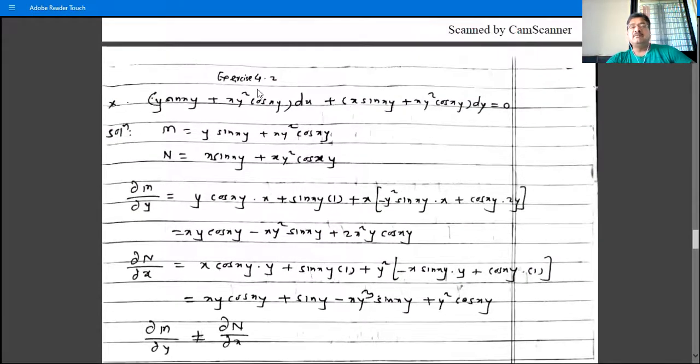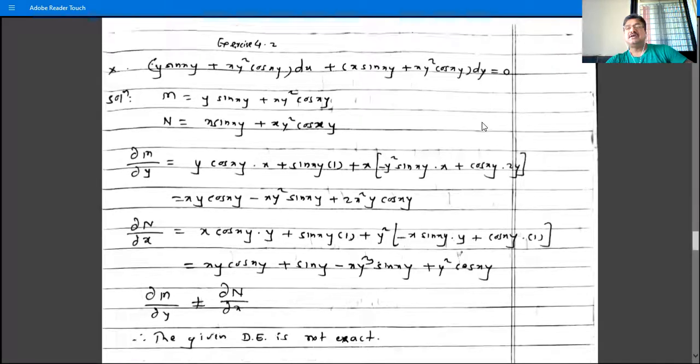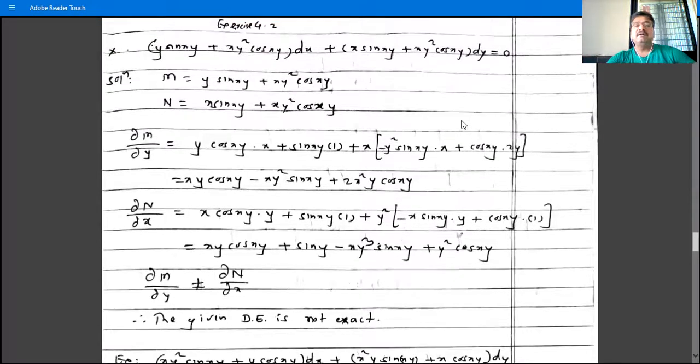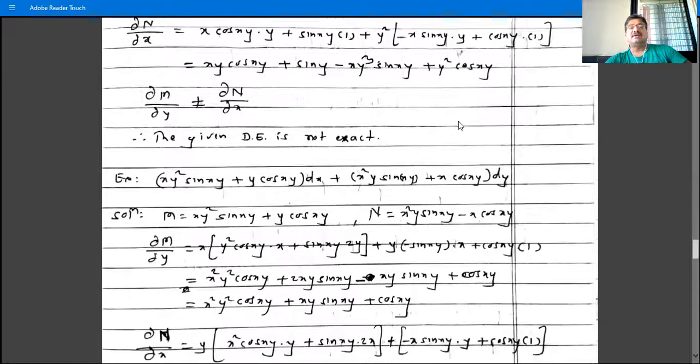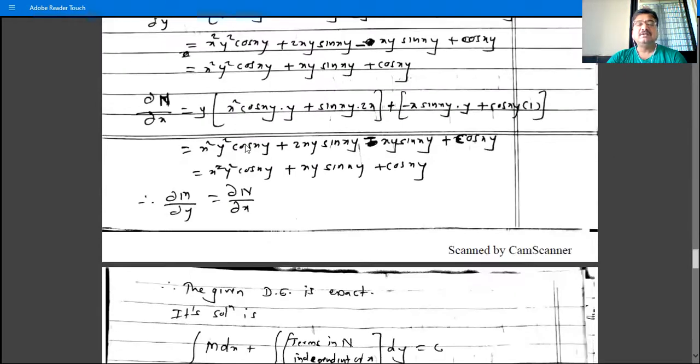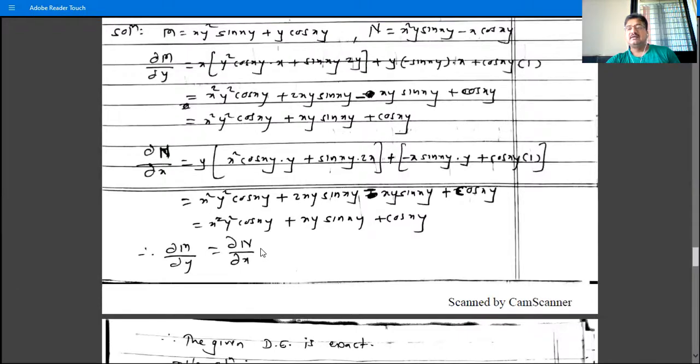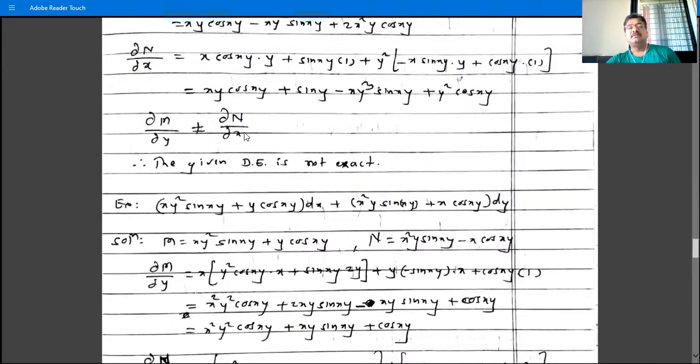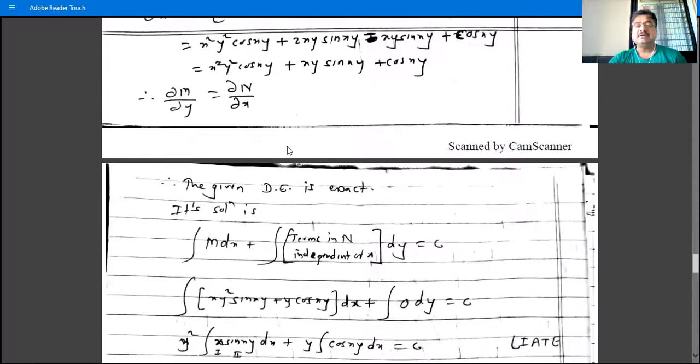If you are given the problem in the form M dx + N dy, in order to determine whether the given differential equation is exact or not, just write M and N, then find ∂M/∂y and ∂N/∂x. If these two are the same, then we say the given differential equation is exact. And if these two are not the same, then it is not exact.